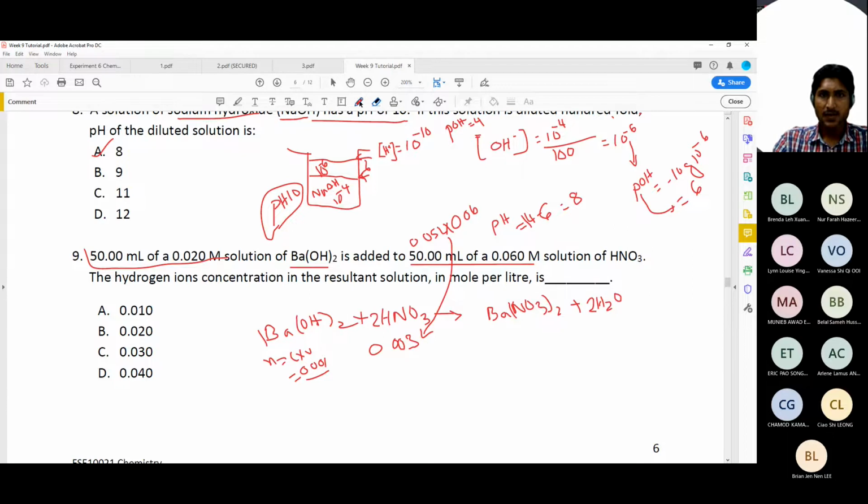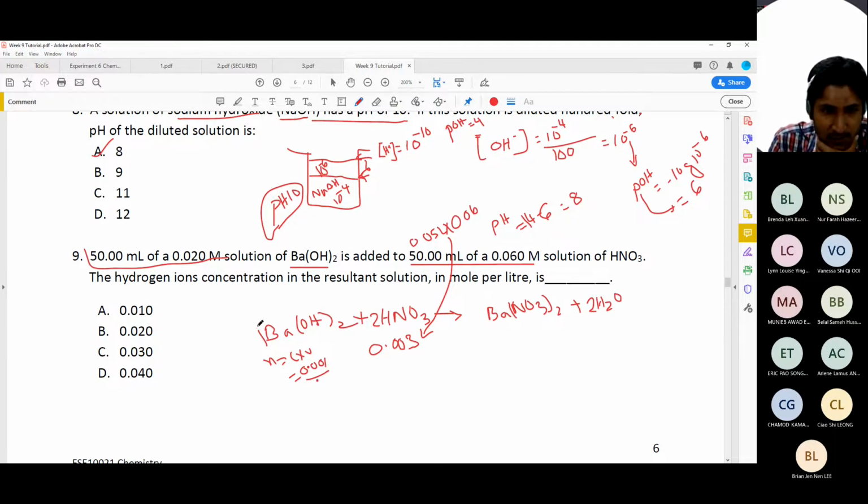All right. So now you see that I have 0.001 moles of barium hydroxide and I have 0.003 moles of nitric acid, right? Which one is the limiting reactant? How do you find it?